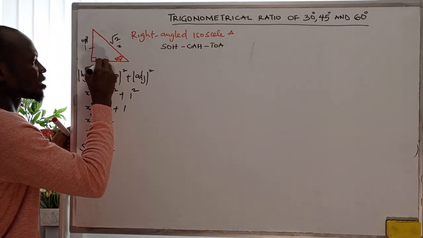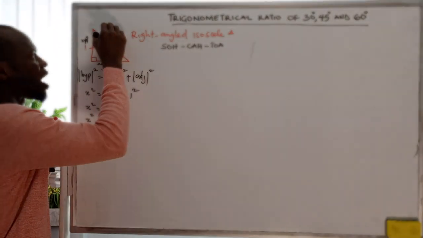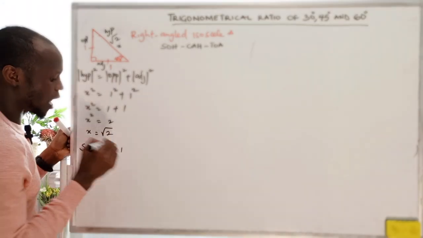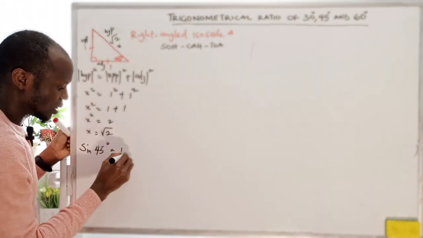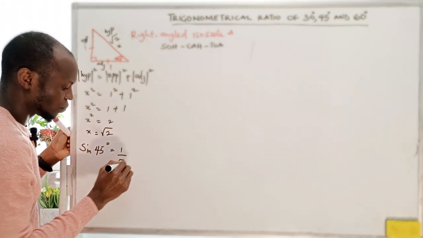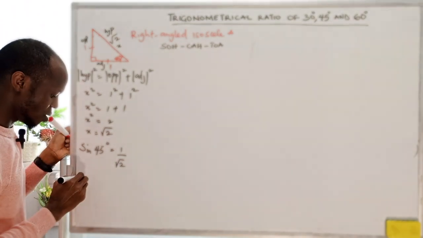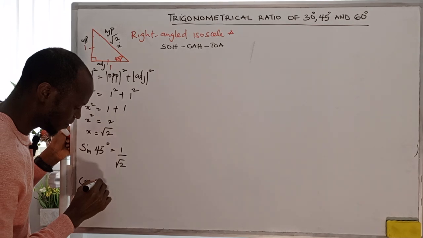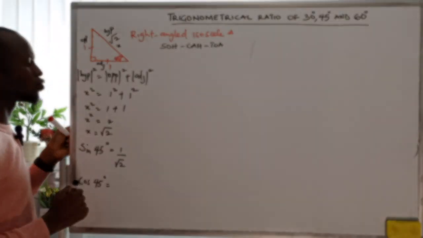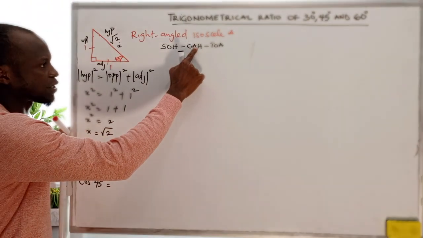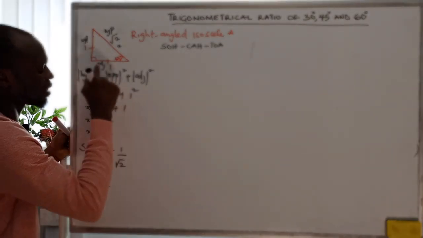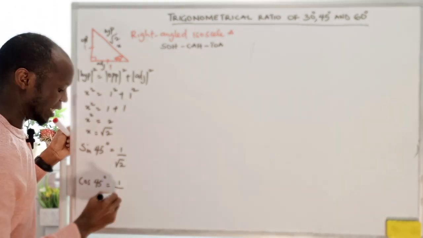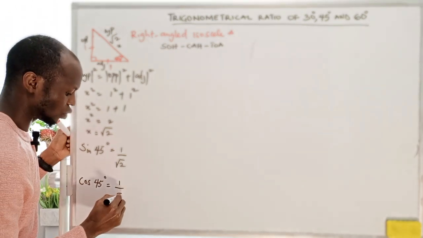This is my adjacent. And this is my hypotenuse. So my opposite is 1. My hypotenuse is root 2. All right. Now, my cos 45 degree will be equal to, what is cos? Adjacent over hypotenuse. My adjacent is 1 and my hypotenuse is root 2.